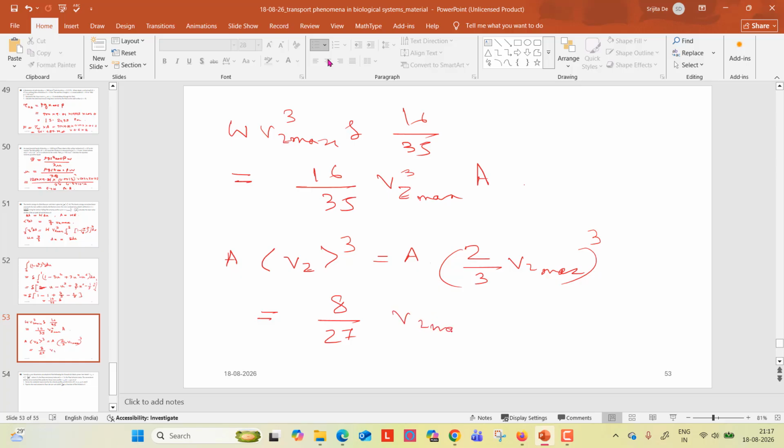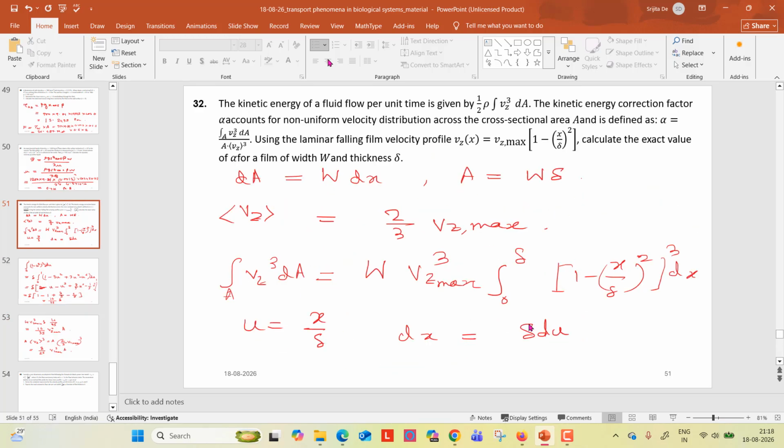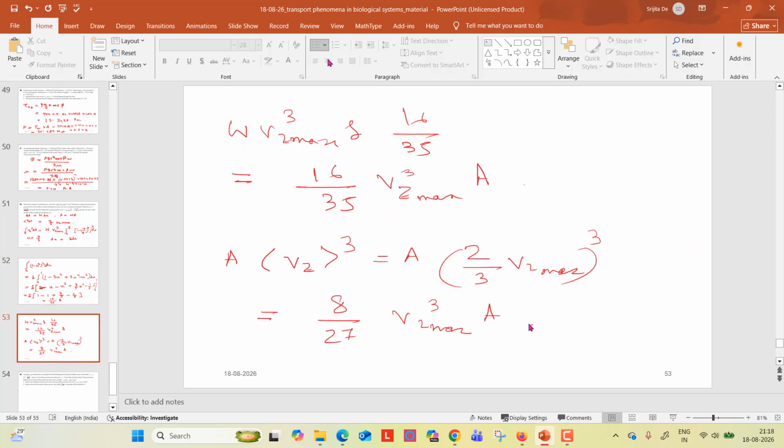Now if you take the ratio of them, you will get the alpha. So I'm just taking alpha as this by this. So it is 16 by 35 into 27 by 8.